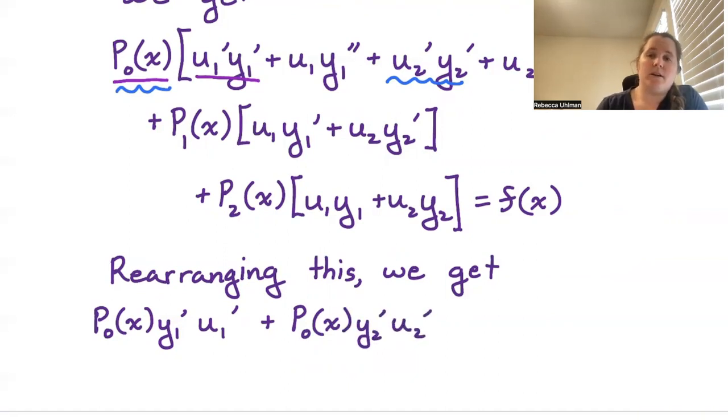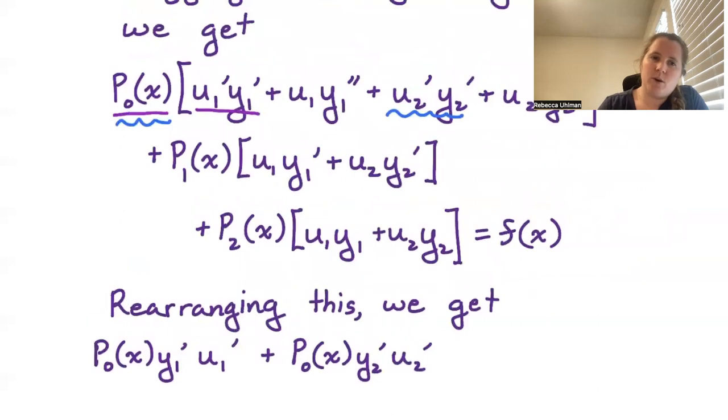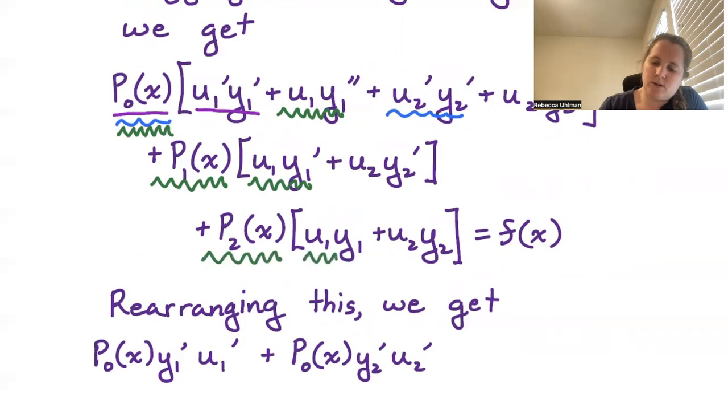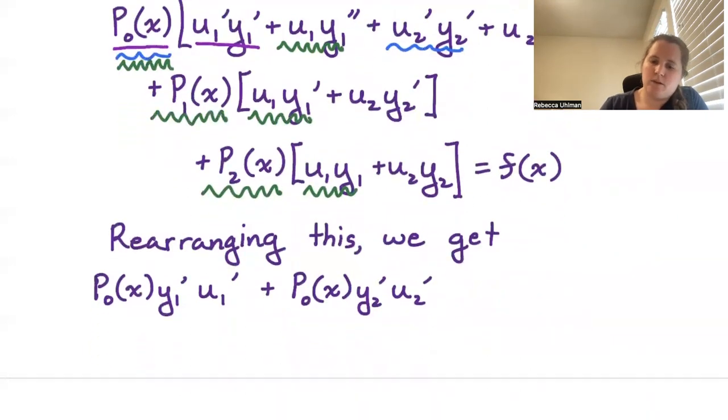Now let's focus on our u1 term. For u1, we have P0 of x times u1 times y1 double prime, plus P1 of x times u1 times y1 prime, plus P2 of x times u1 times y1.